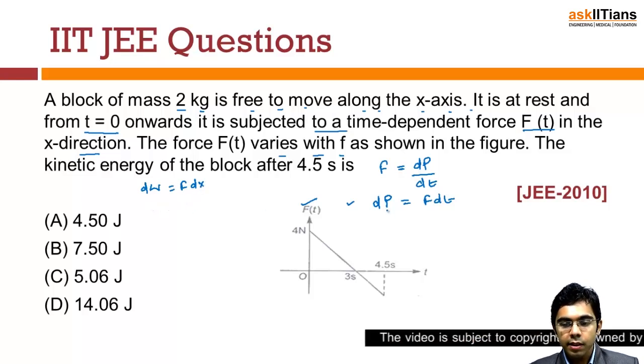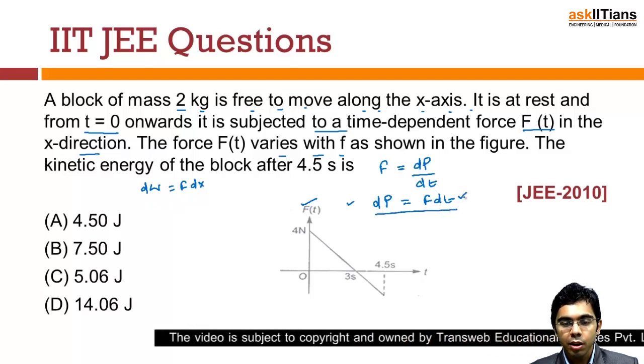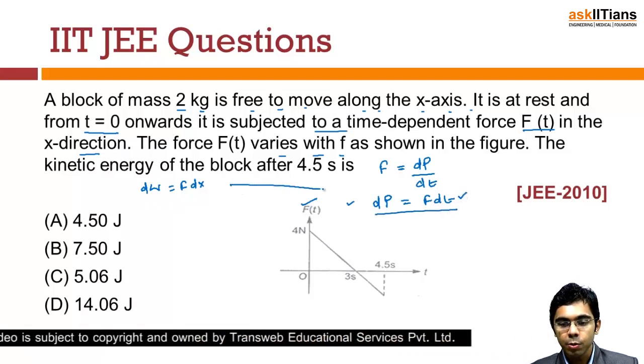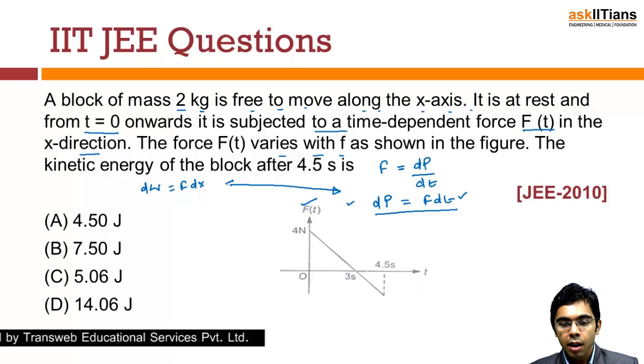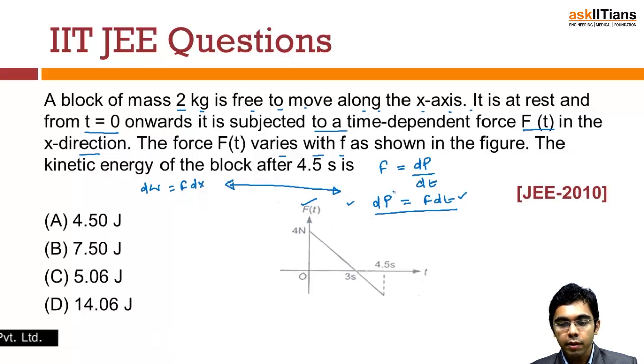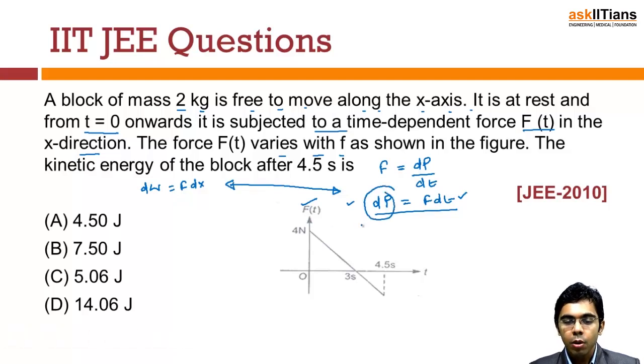This expression is similar to that one. So the area under the F-t graph will give the momentum. The area under this complete curve will give the complete momentum. Now in the question they are asking about the kinetic energy.